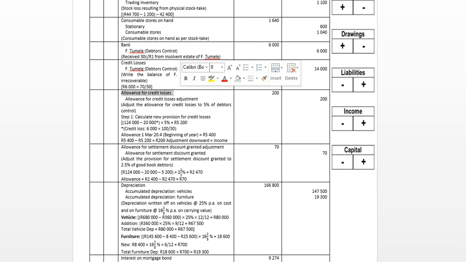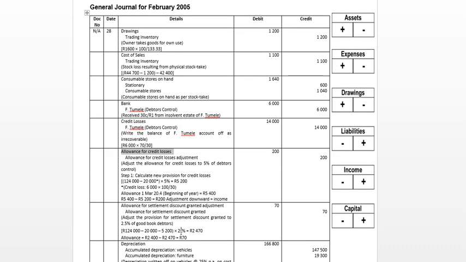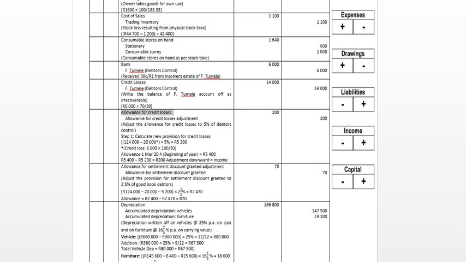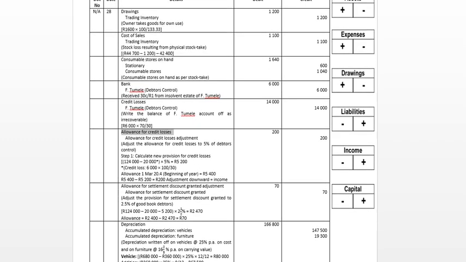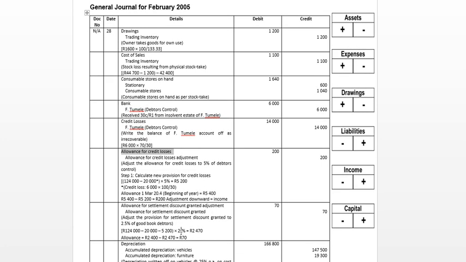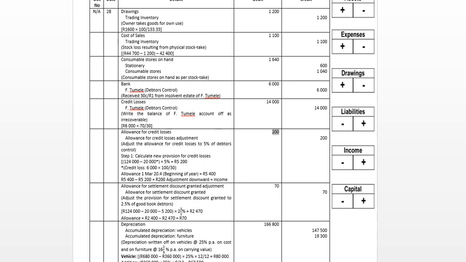And our allowance for credit losses, being our negative asset, will decrease by 200 Rand, from 5,400 Rand to 5,200 Rand. It's a decrease because it's a negative asset, so we're going to debit our asset account. Okay, so that's looking at our allowance for credit losses.